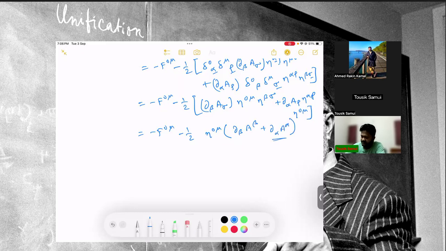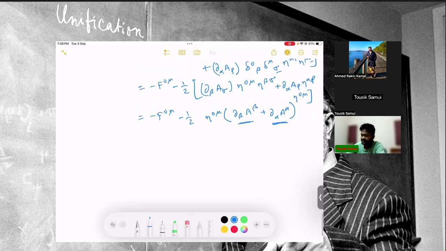These are repeated indices, so alpha and beta do not mean a specific thing. This is summed over beta and summed over alpha, so these are essentially the same thing. So it will be essentially −F^{0μ}, and the factor of two goes away, so it will be η^{0μ} ∂_β A^β, right?